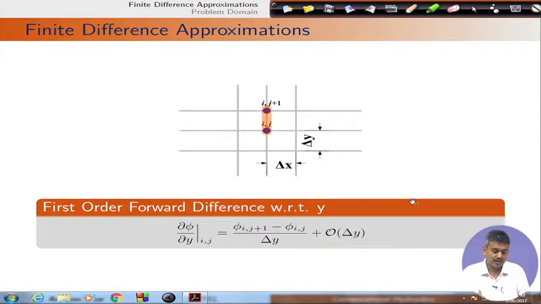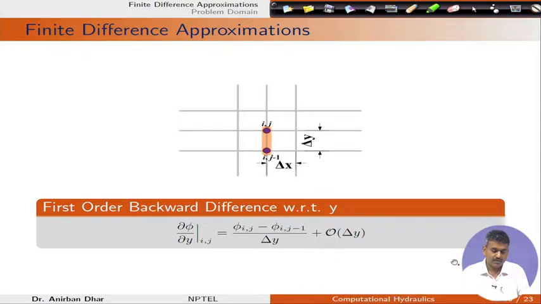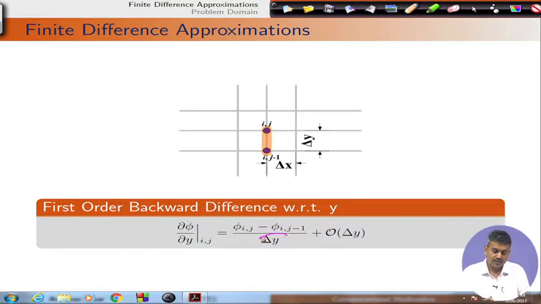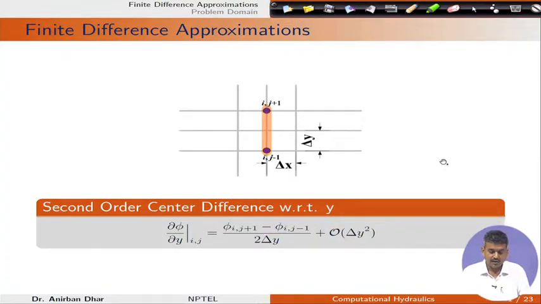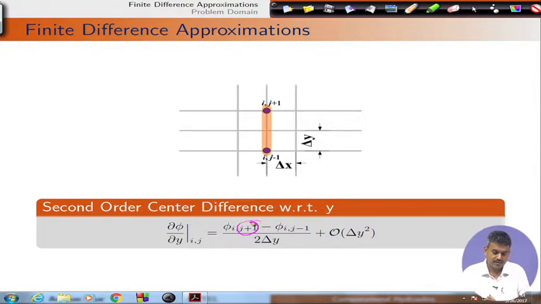If we consider backward difference with respect to y, this is again with del y, first order accurate, and with second order central difference we have change in the index for j plus 1 and j minus 1. This is again a second order accurate method. We have two extreme points, in between we have i and j.